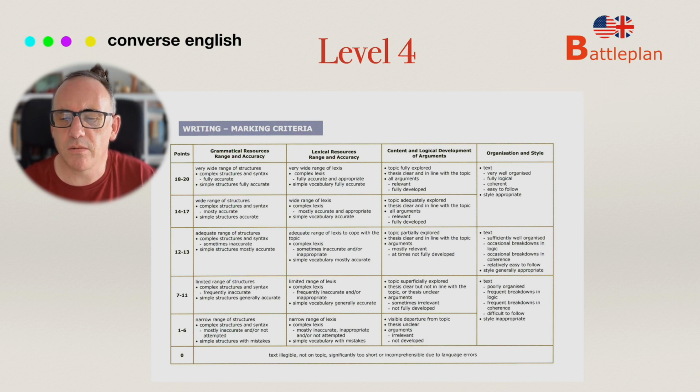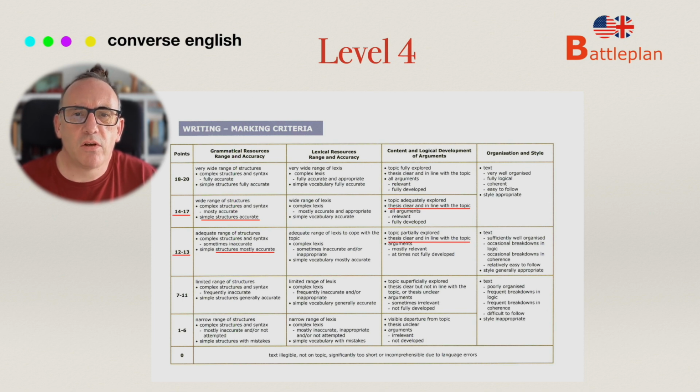Now, obviously, in terms of the grammar and lexis, if we look on the left-hand side where we've got the grammar, in order to get 14-15, it says here, for example, simple structures accurate. And then in the lexis, there's a very similar thing. It says simple vocabulary accurate.